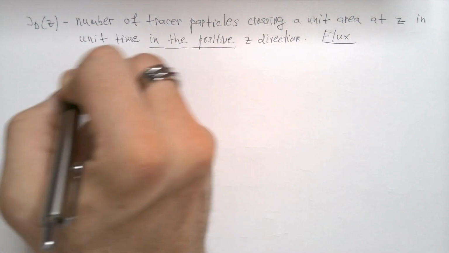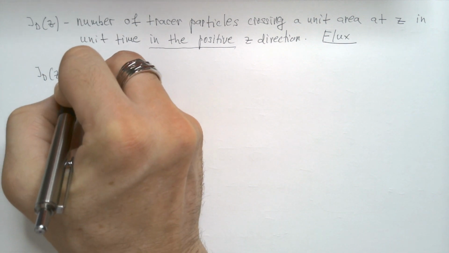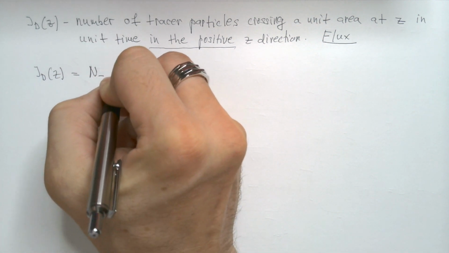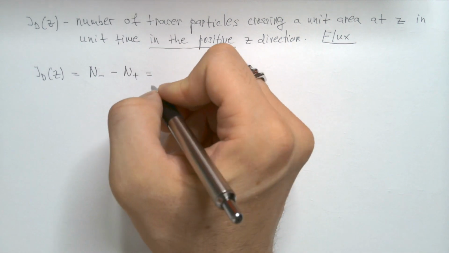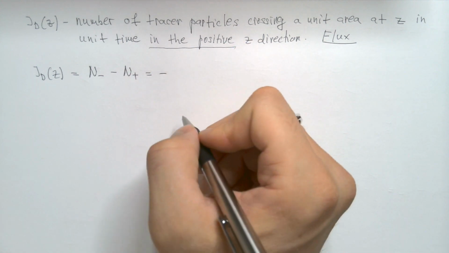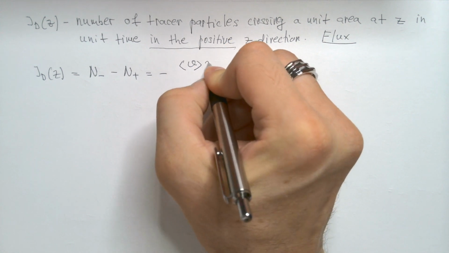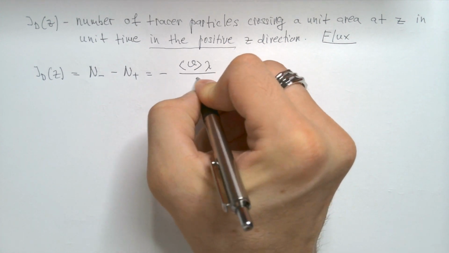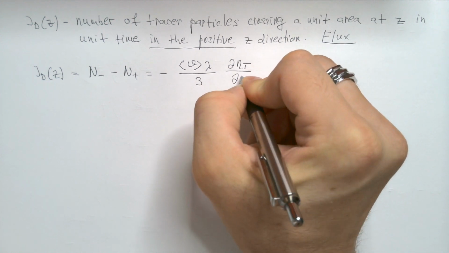So, based on this definition, J_D of z is simply equal to n negative minus n positive, and that will be our previous result just with the negative sign because I reversed that equation. So I will have average v times lambda divided by 3 times delta n_t over delta z.